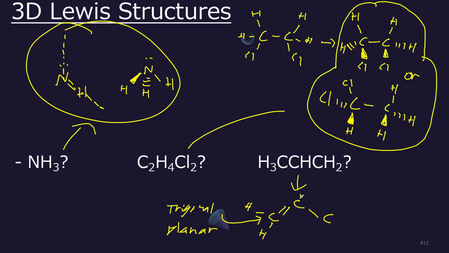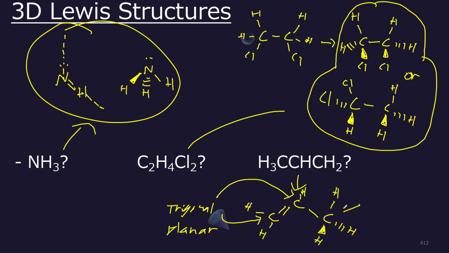Now this carbon in the middle is also trigonal planar. It has a hydrogen here, so 3 domains AB3. No need to draw any 3D structure. But this one on the right, this contains the CH3 group that's actually on the left of this formula. So I'm going to draw 1 hydrogen in the plane, 1 hydrogen going behind, and 1 coming towards me, dash and wedge lines.